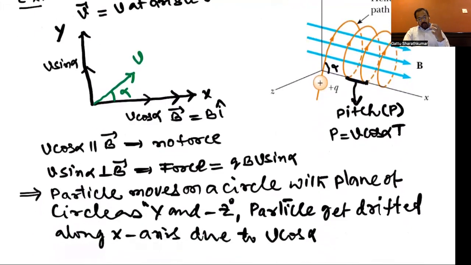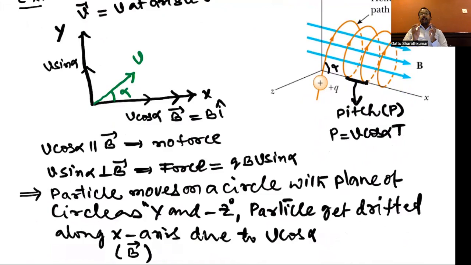And apart from moving in a circular path, it will also get drifted along x-axis, that is along B bar, due to the component of velocity along B bar.